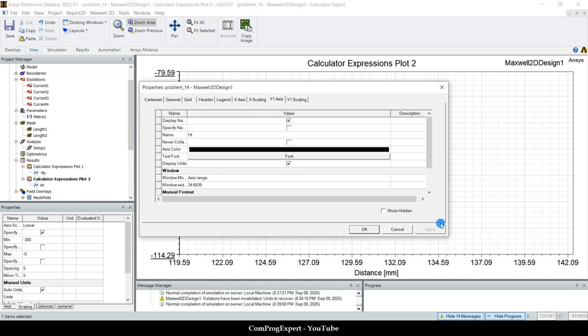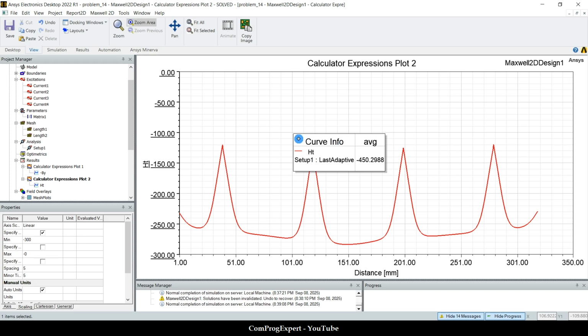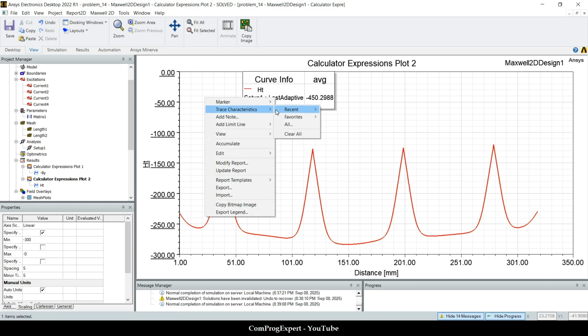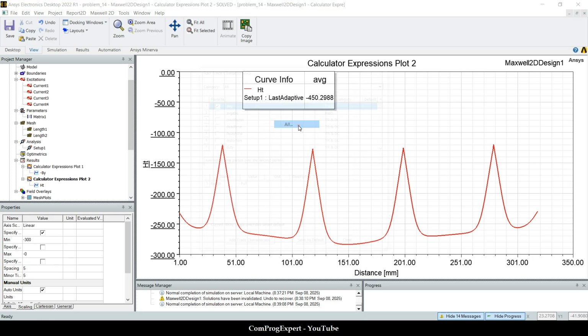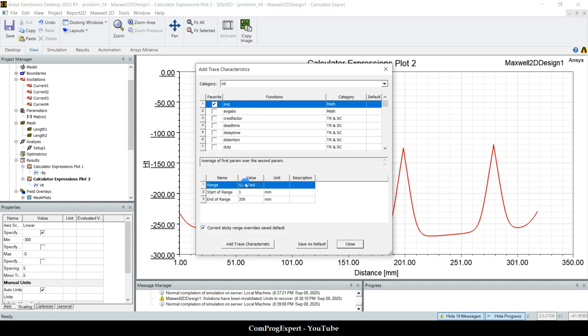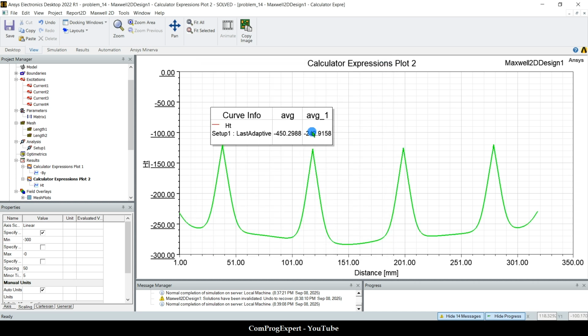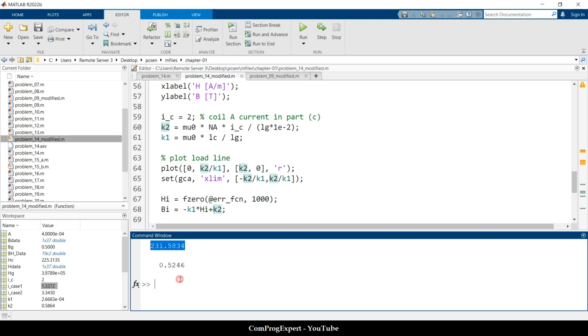When I calculate the average value, that data point in interpolation changed my assumption. I need to calculate the average value for this graph. So if I calculate the average value, not for full distance, just for this range, the number is minus 242. This is 231 in our analytic calculations.